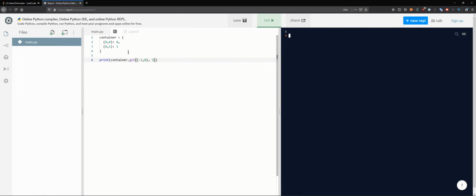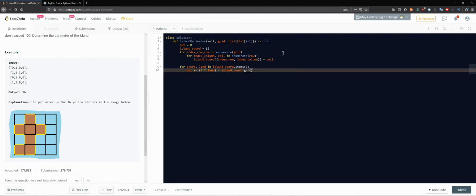And yeah, we see this coordinate is not there, we'll get a 5. What we want in our case is to get a 0 back. So here we get the 0 back, so that we know if this doesn't exist, we also don't subtract, right? If it exists, we actually get the value from it.